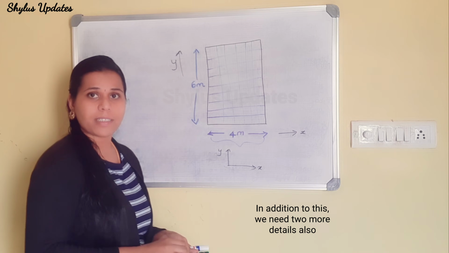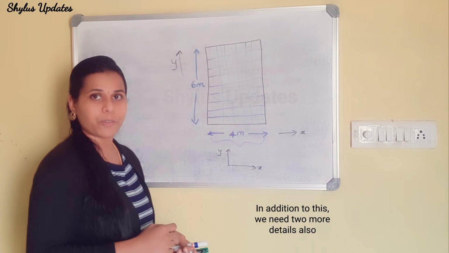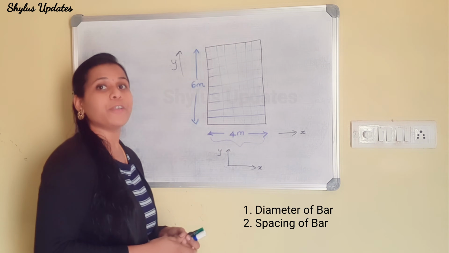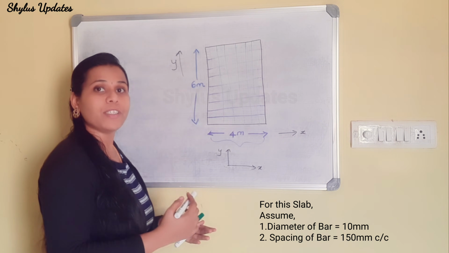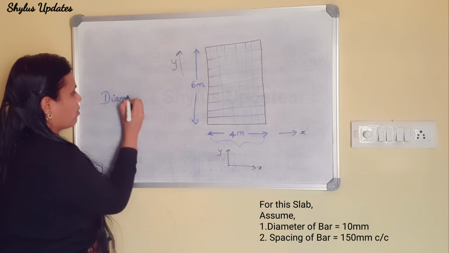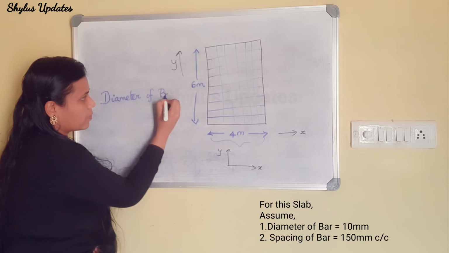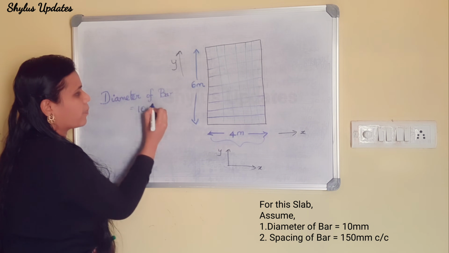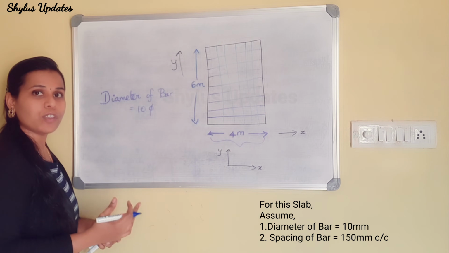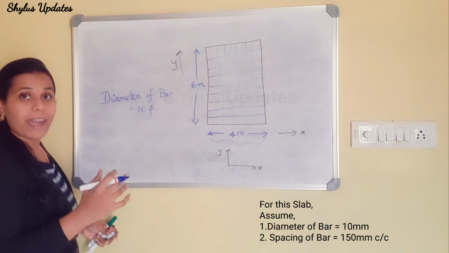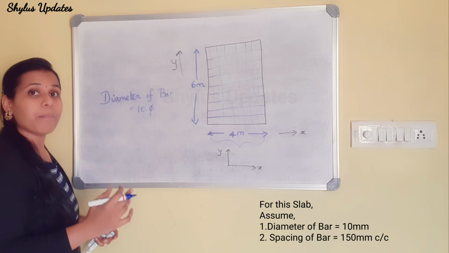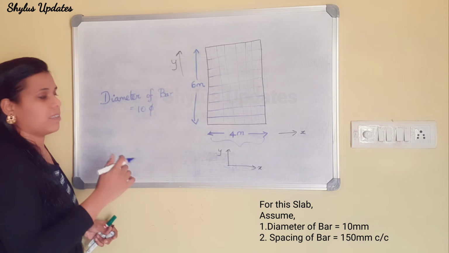In addition to this, we need two more details also, diameter of bar and also spacing of bar. For this slab, we can assume the diameter of bar as 10 dia for both main reinforcement and distribution reinforcement. The spacing of bar we can assume as 150 mm center to center distance.